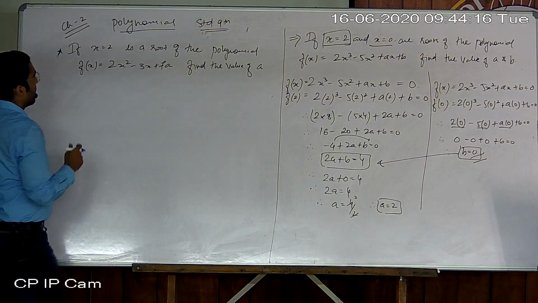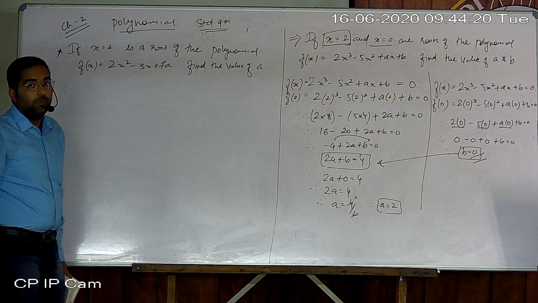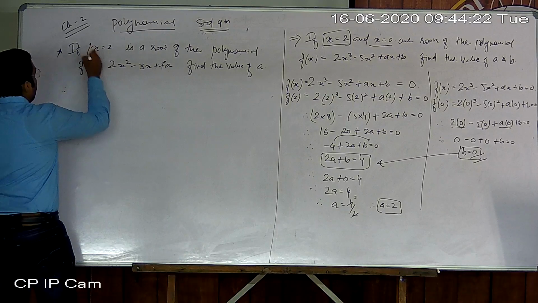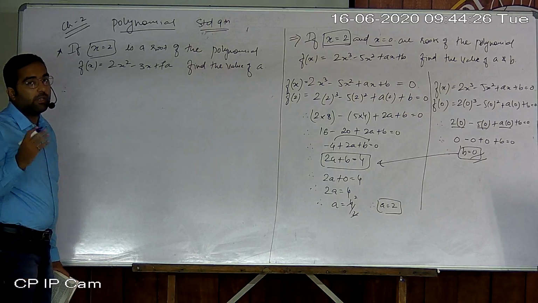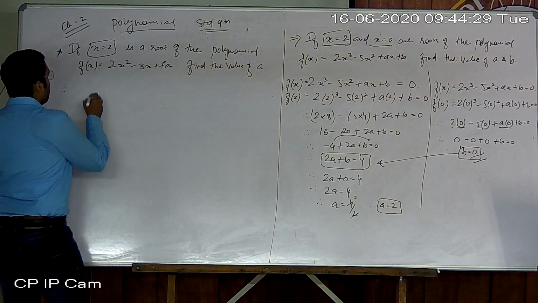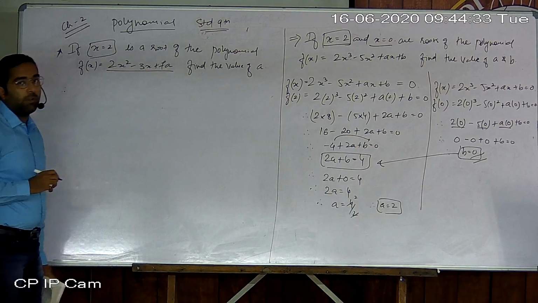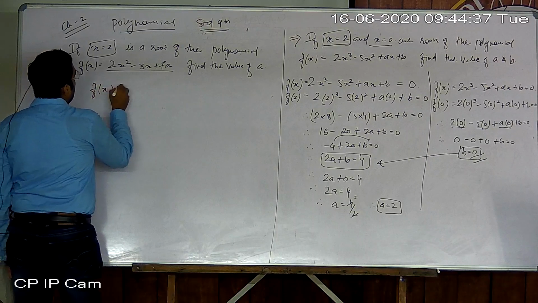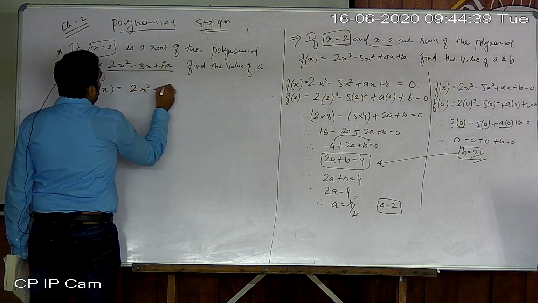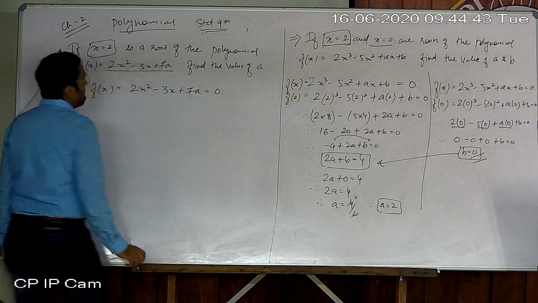So, as per the previous example, what do we do? We have to take the value of x that is already given and set the given polynomial equal to 0. So f of x equal to 2x square minus 3x plus 7a is equal to 0.